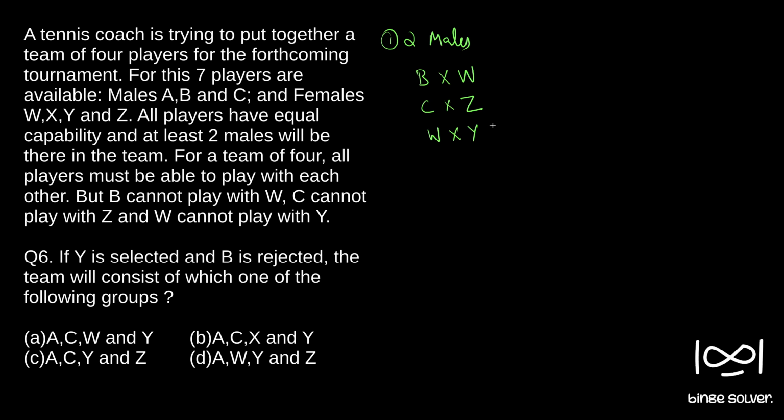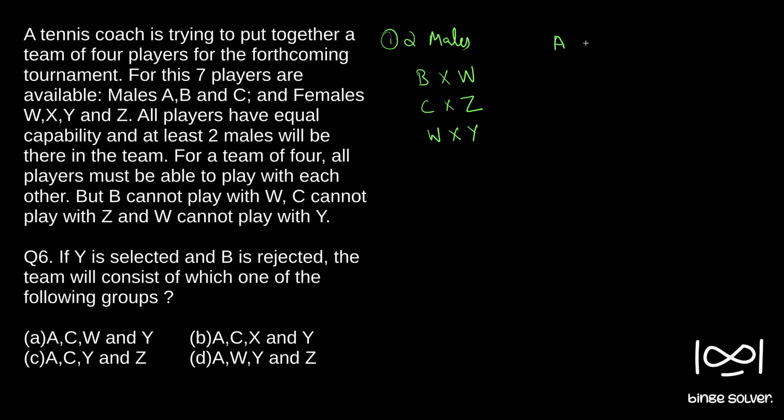So we know that the 2 males need to be selected. There are 3 males. So the only information given in the question is Y is selected and B is rejected.